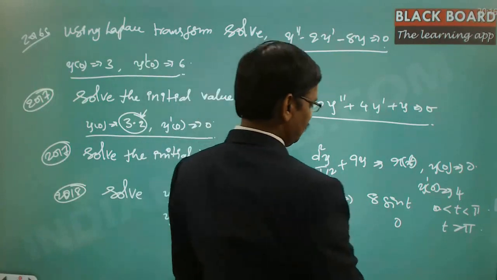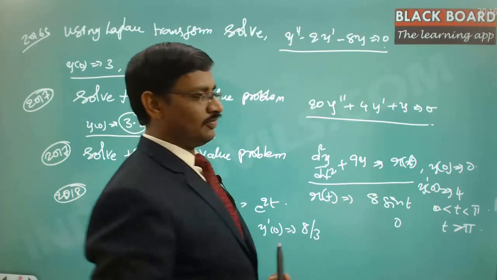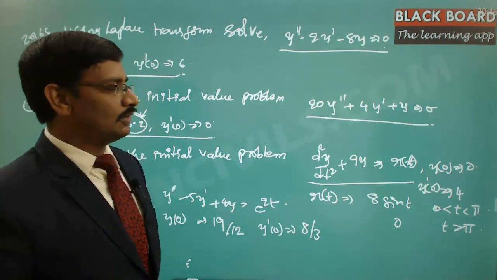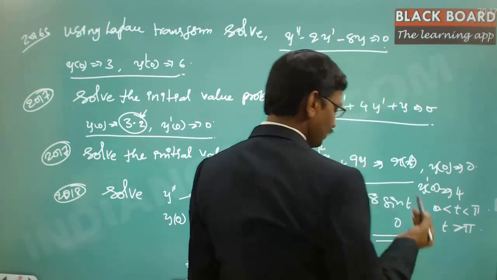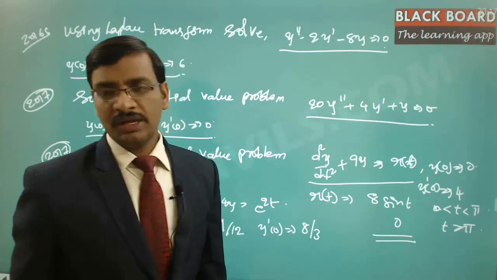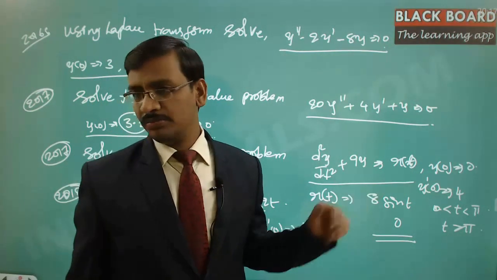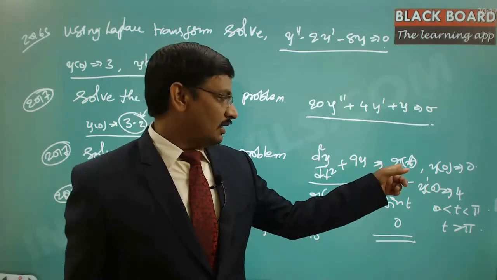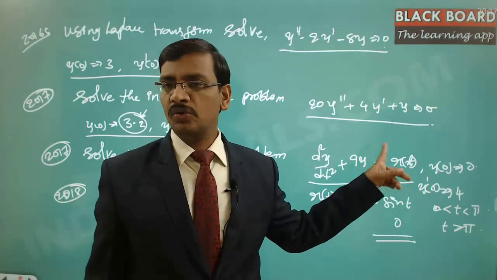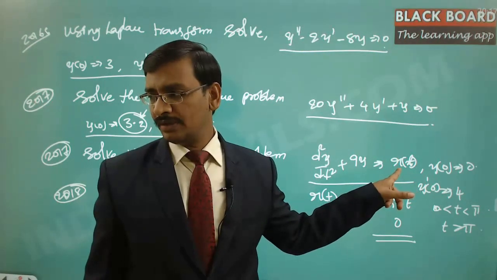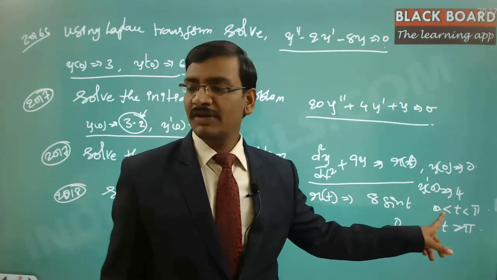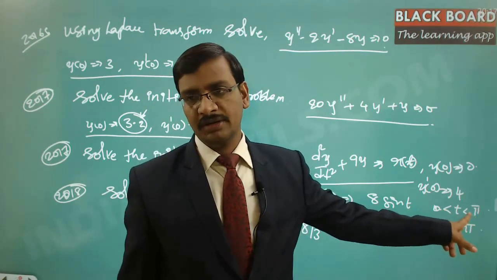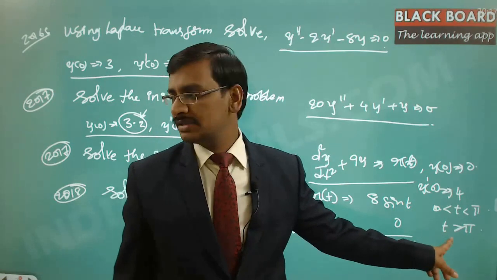So this is again the Laplace transform you need to find out. But here if you notice, finding the Laplace transform for r of t is also included. As I said earlier, right? So in this problem, you need to identify how to find the Laplace transform, because this is a function r of t given by 8 sin t when the value of t is between 0 and pi, and 0 if the value is greater than pi.